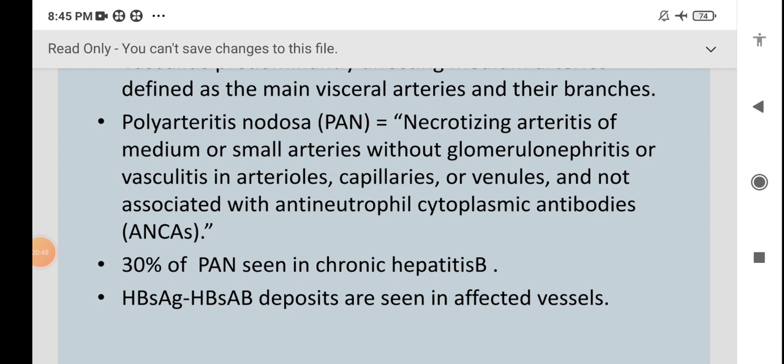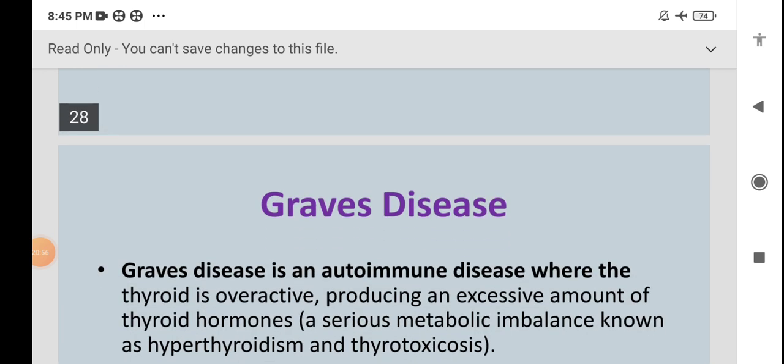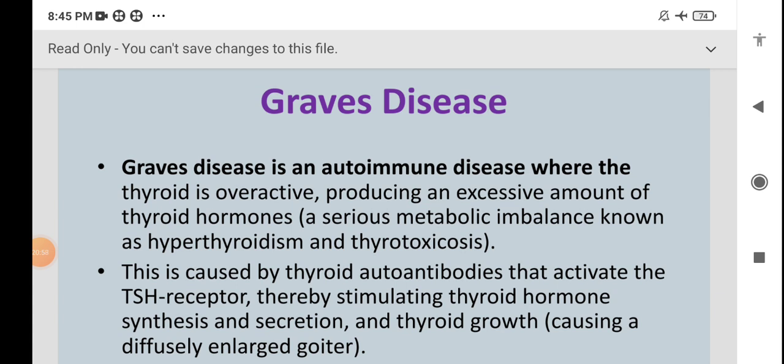30% of PAN seen in chronic hepatitis B, HBsAg, HBsAb deposits are seen in the affected vessels. Graves' disease. Graves' disease is an autoimmune disease. Thyroid is overactive. So basically this is the autoimmune disease of the thyroid gland.